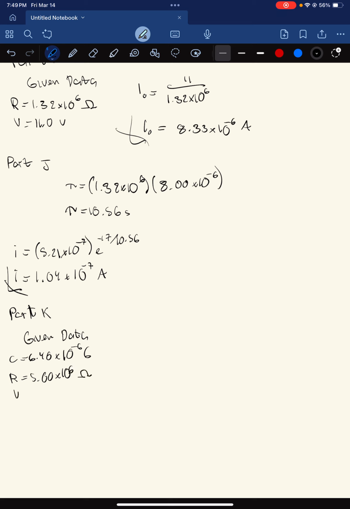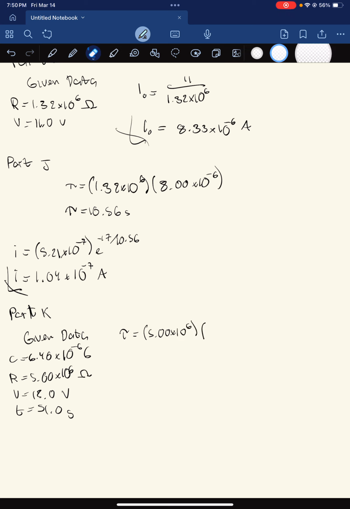We have the voltage, we know it's 12.0 volts. And the time, 51.0 seconds. Perfect. To get this, we need to get the time constant first. So tau equals the resistance, 5.00 10 times 6, multiplied by the capacitance.